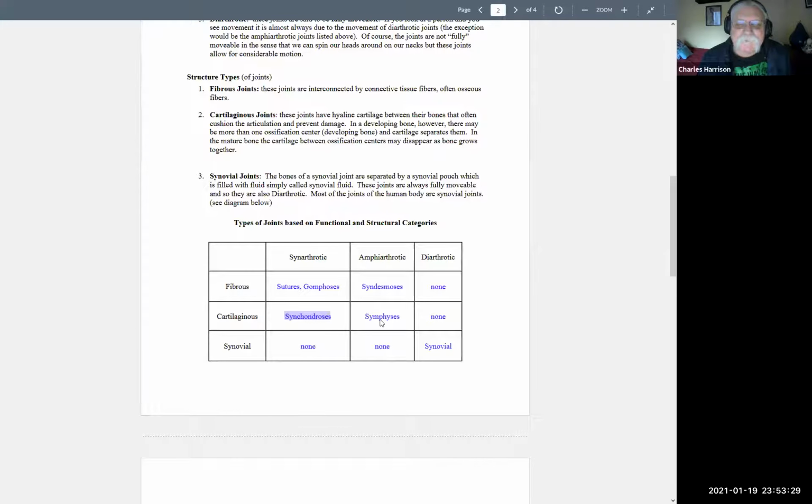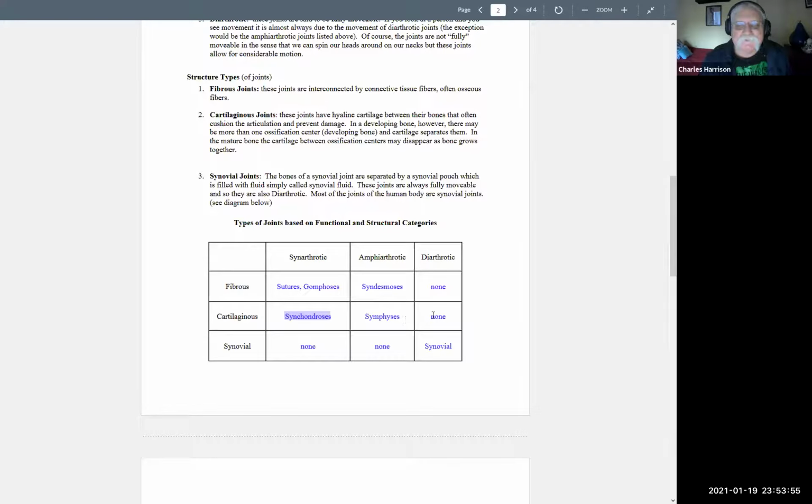As you bend over to pick up anything completely off the ground, you have a slight amount of bending between each vertebra. And it's only slight because it's amphiarthrotic and it's cartilage. It's a symphysis, each vertebral joint.